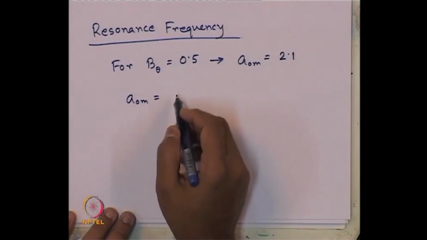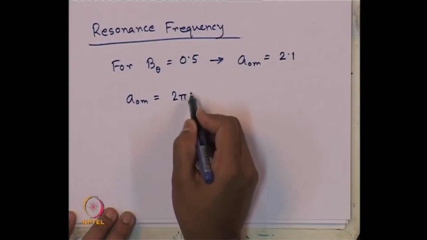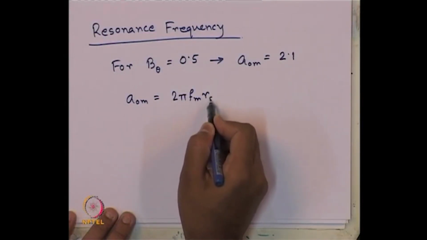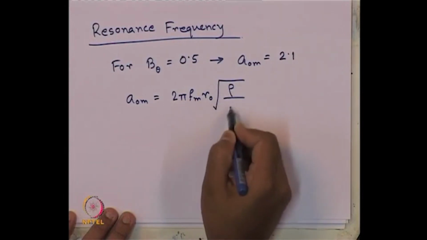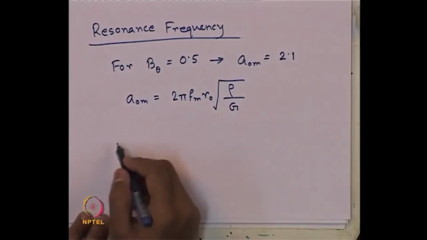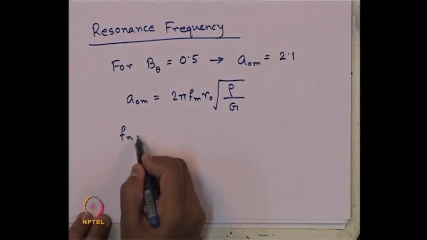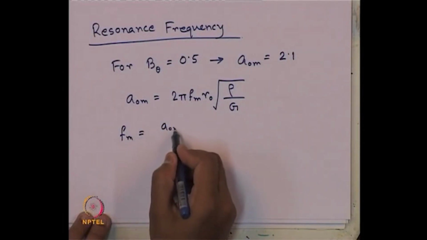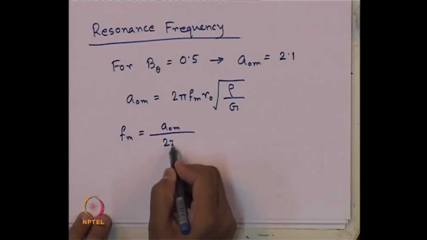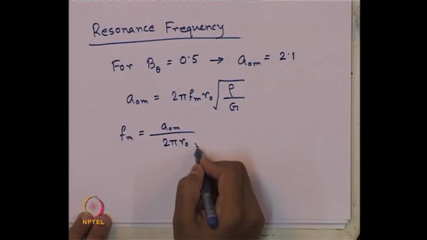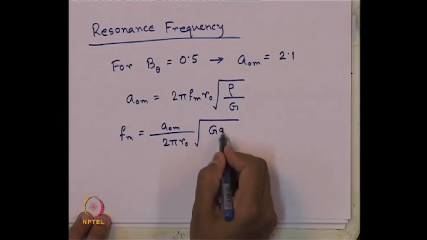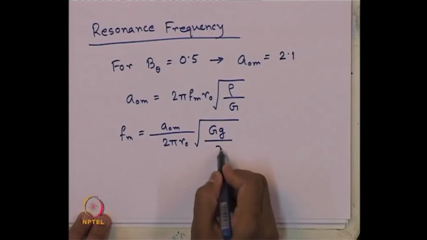Now, A naught m is 2 pi f m r naught root over rho by g, that is the expression. So, f m will be A naught m by 2 pi r naught times root over g by gamma.